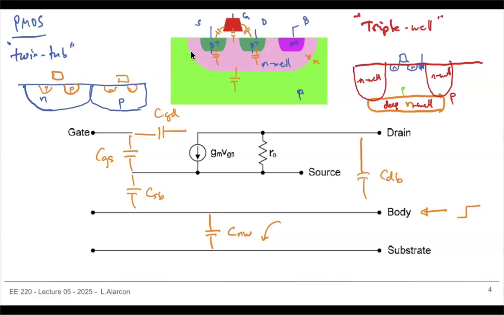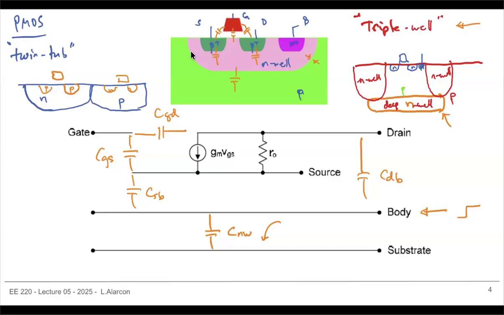But triple well is now a bit more popular. Most of the processes that allow you to individually change body bias for NMOS use triple well, just because you have only one more process step. You just have to make sure you can build a deep N well.